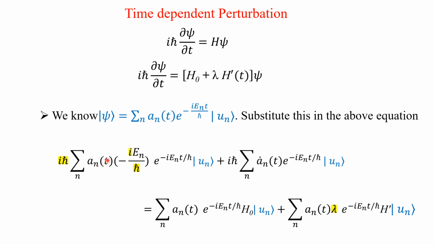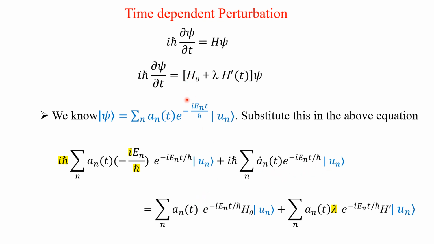So summation over n, you keep a_n of t as it is, then you differentiate only the exponential term, which will be minus i E_n over h cross e power minus i E_n t over h cross u_n. Then next term, you keep the exponential term as it is, you differentiate this a_n. So this will become a_n dot, that is the time derivative of a_n.